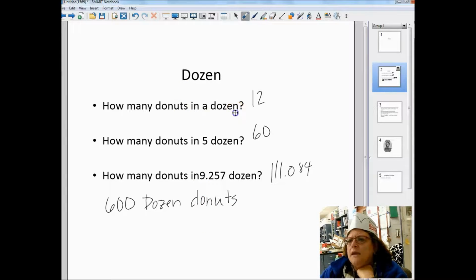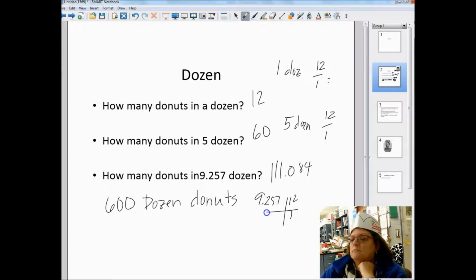How many donuts is that? Well, up here we took 1 dozen times 12 per one, and we got 12. Here, we knew we had 5 dozen, and we know there are 12 donuts in 1 dozen. Here, we took 9.257, and we multiplied by 12 over 1. So what are we going to do to figure out 600 dozen?